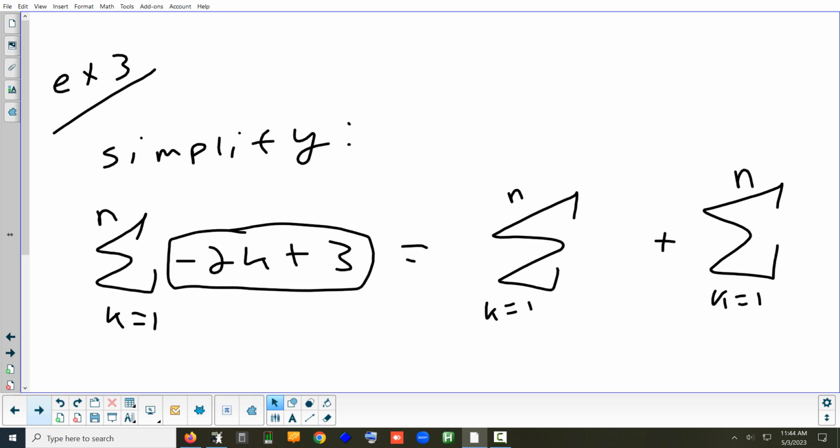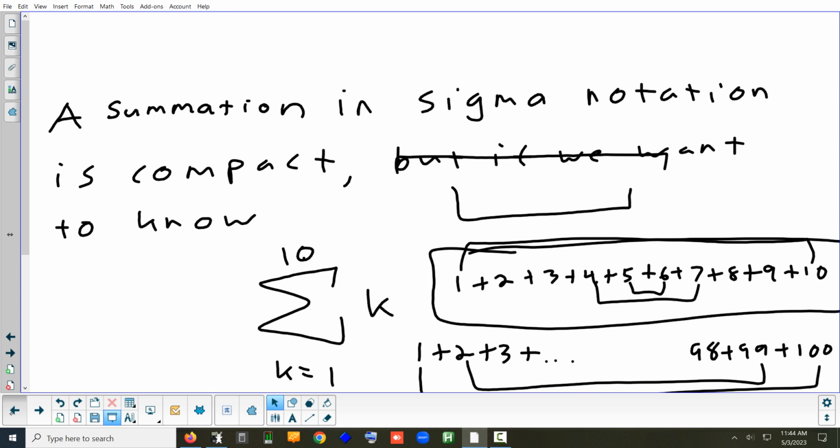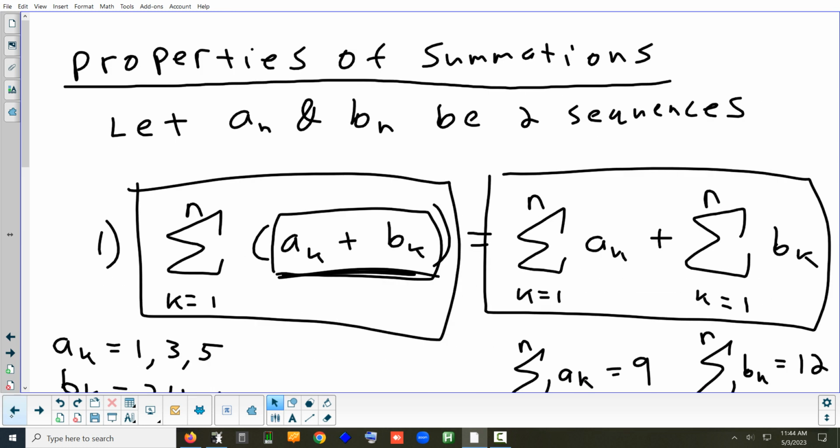It's going to be minus 2k. And the formula for my second sigma? 3. So what we just did is take two things that were added together and split them apart into two different sigmas.